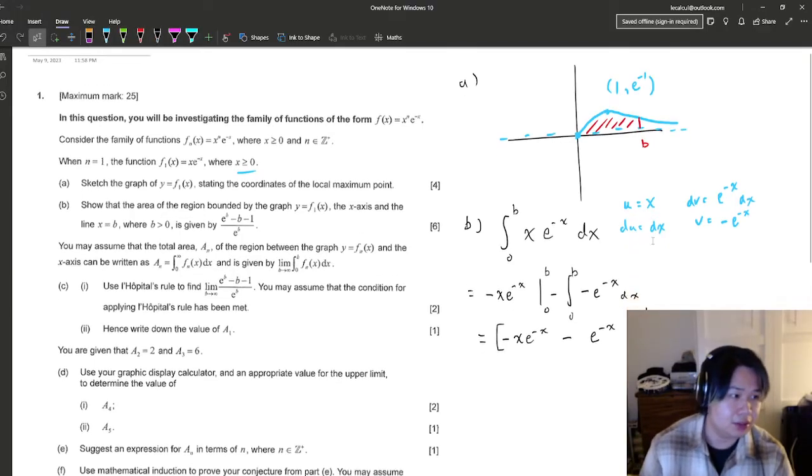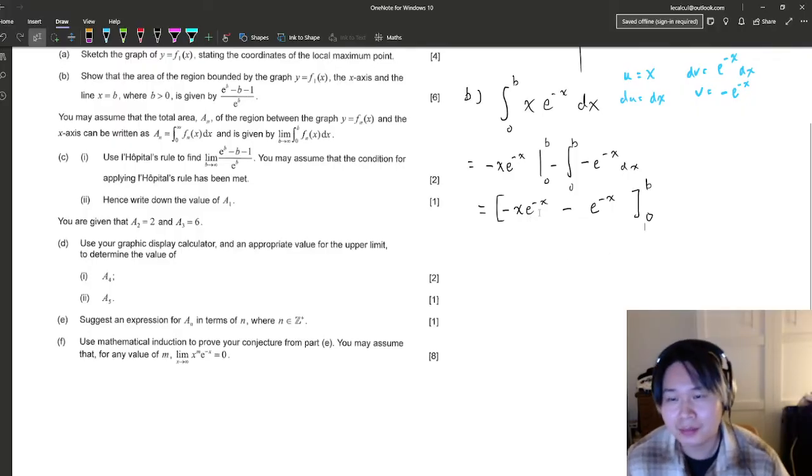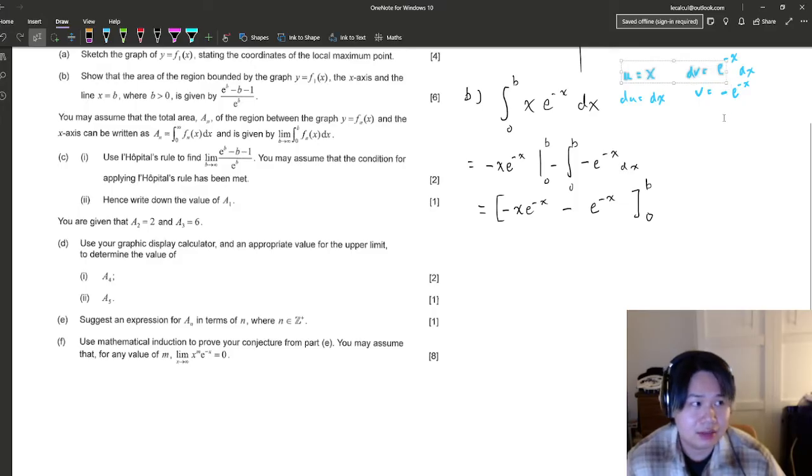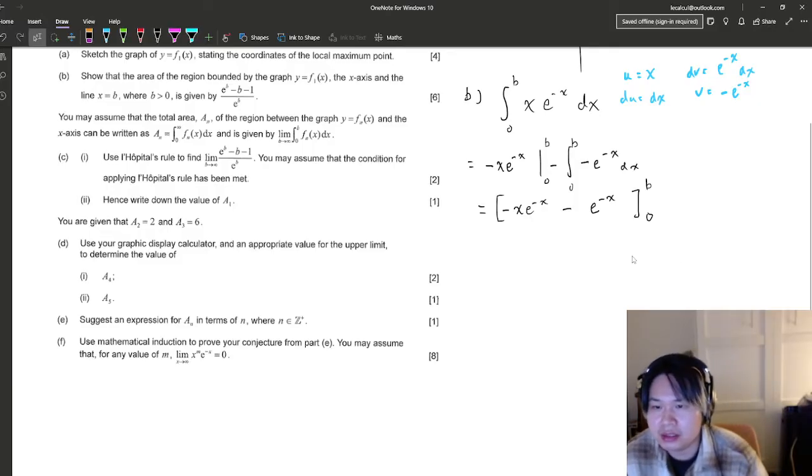Okay. Oh shoot, sorry, my camera's covering it. Right. So you're supposed to make u equal x and dv equal e to the negative x dx, and then follow through the integration by parts. So this is u times v, right? Minus the integral of v du. Integrate this, which is just that. And then we will use the fundamental theorem of calculus.